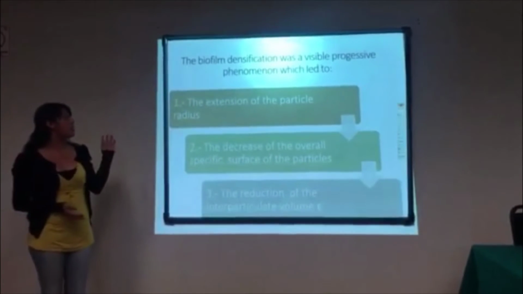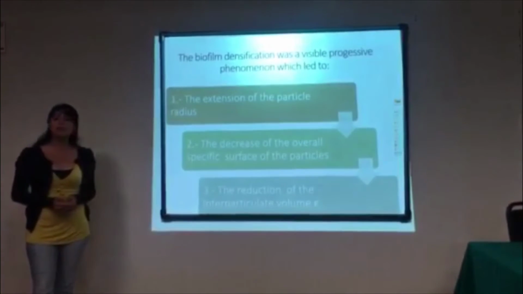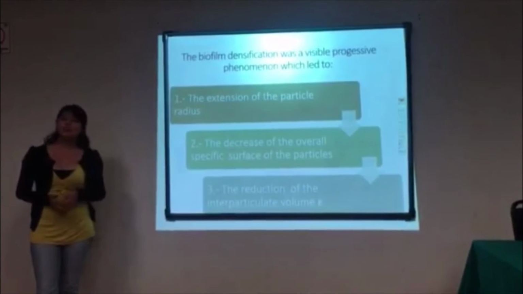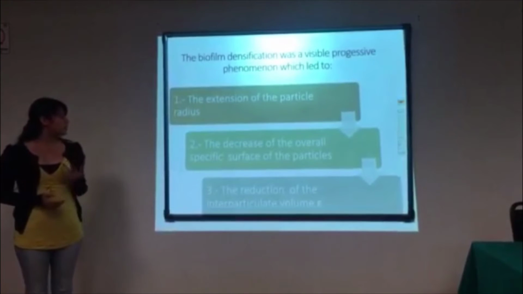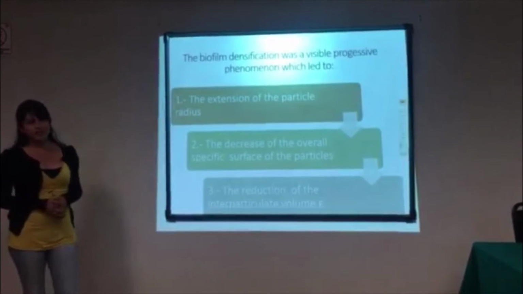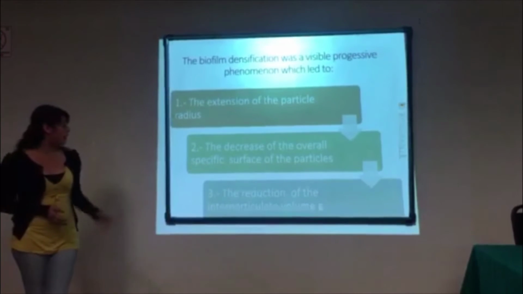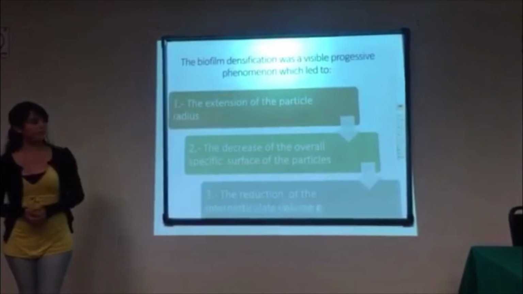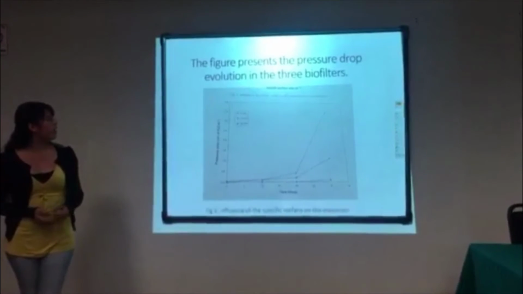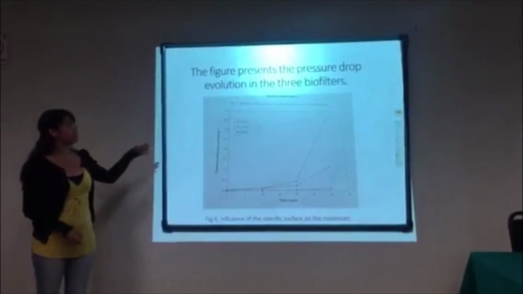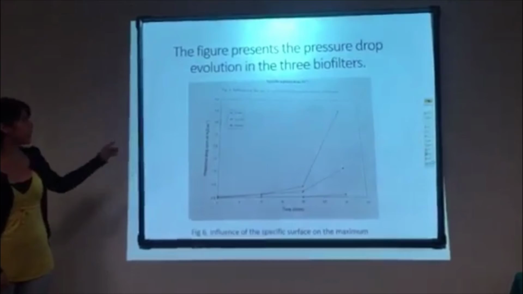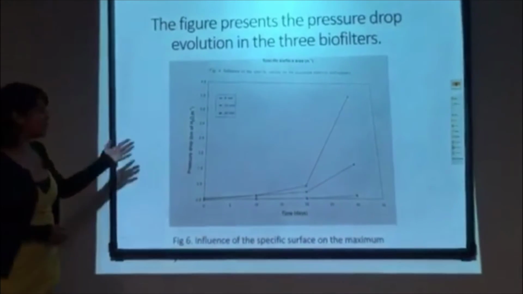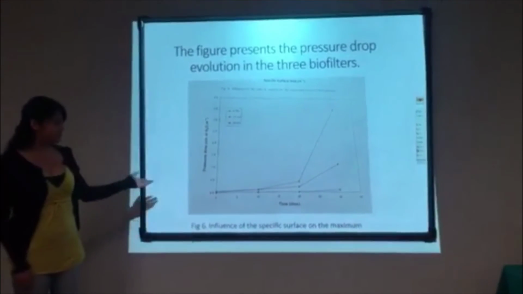The biofilm densification was a visible progressive phenomenon which led to, number one, the extension of the particle radius, number two, the decrease of the overall specific surface of particles, and number three, the reduction of the interparticle volume, epsilon. And finally, this figure represents the pressure drop evolution in the three biofilters, small, medium, and large, and that's all.